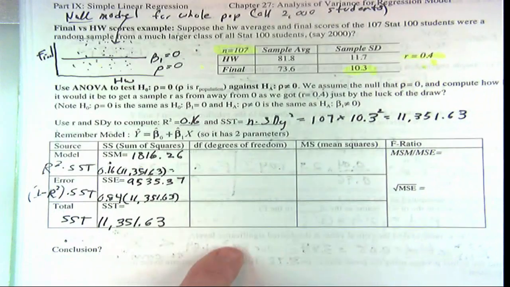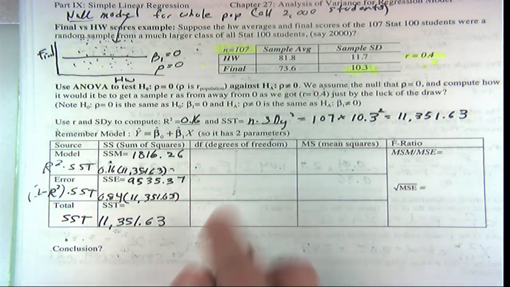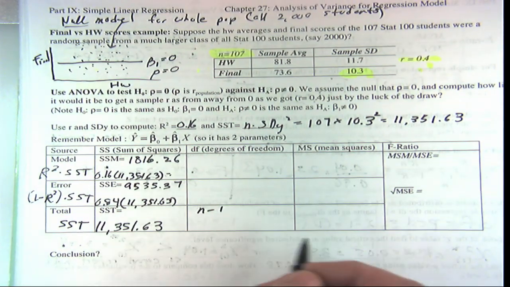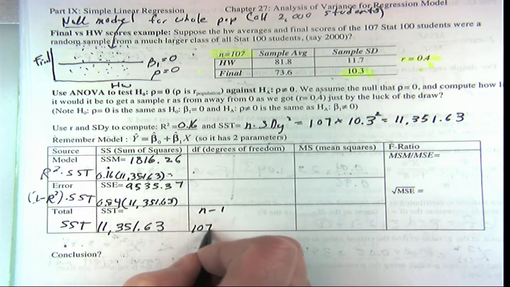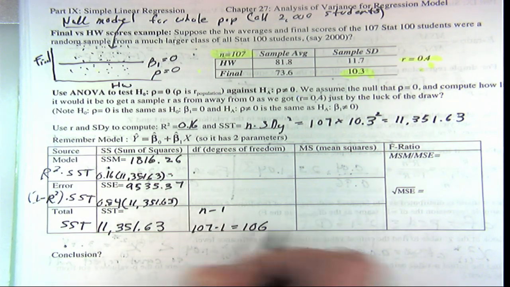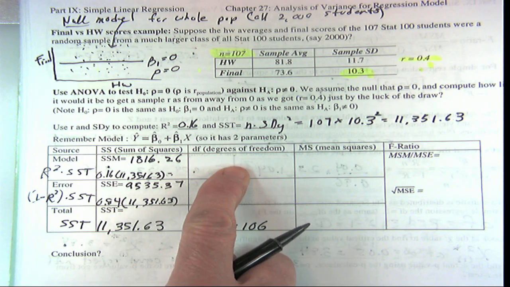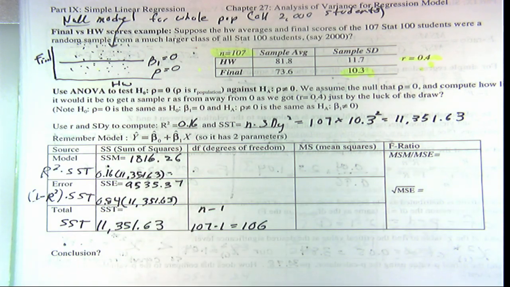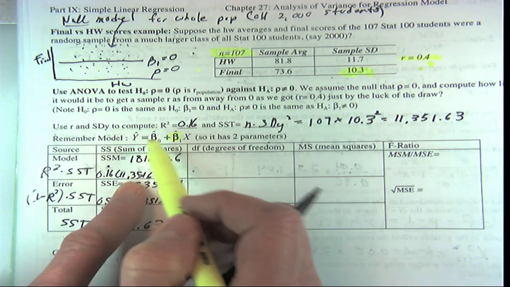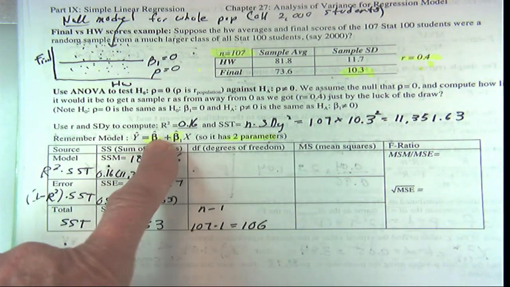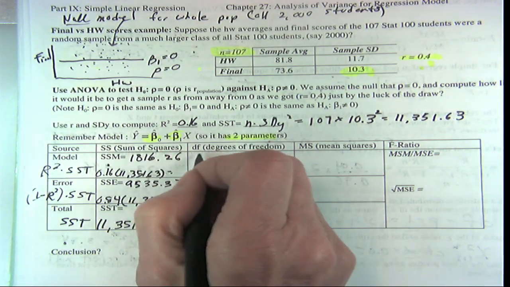And then you get 9,535.37. All right, now the degrees of freedom, you should know this. This is n minus 1 here, right? So that's going to be 107 minus 1, that's 106. This one's really easy. We have one slope. This is really your number of slopes. It's P minus 1, minus the intercept.